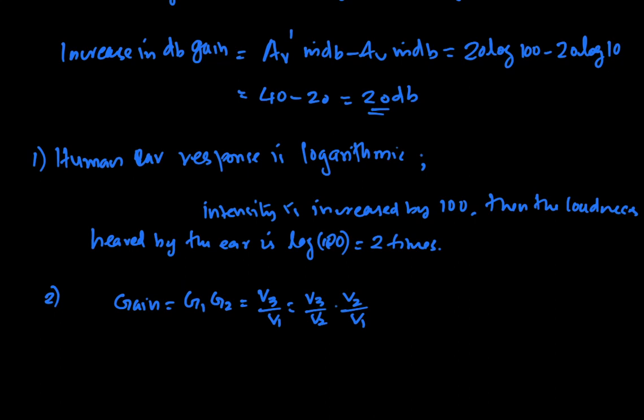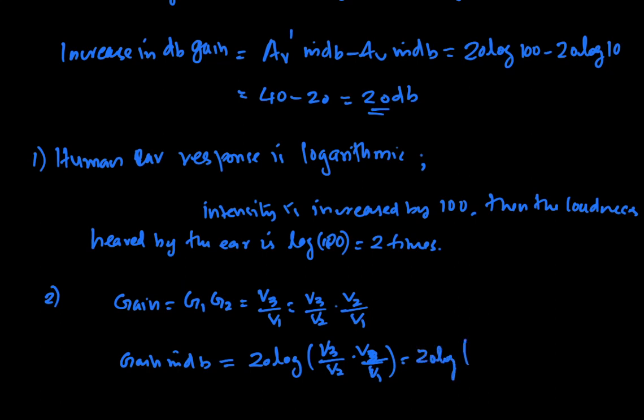Now the same gain in decibel is given by 20 log of V3 by V2 into V2 by V1, which is equal to 20 log V3 by V2 plus 20 log V2 by V1, since log AB is log A plus log B. So this is equal to 20 log V3 by V2, which is G1 in decibel, plus 20 log V2 by V1, which is G2 in decibel.